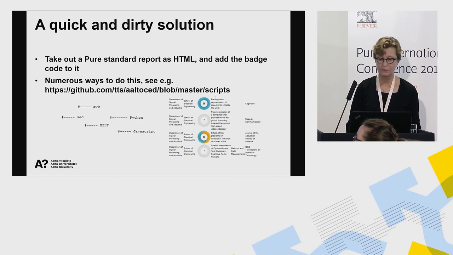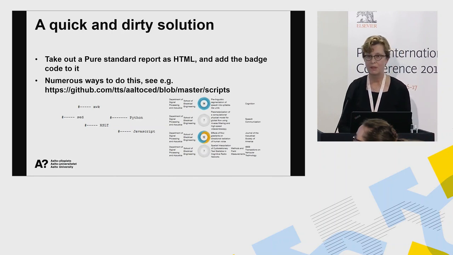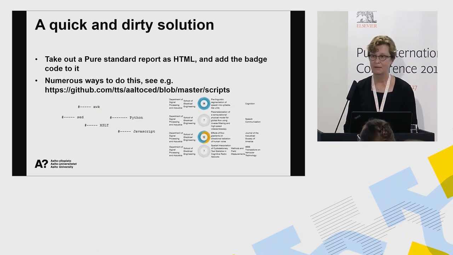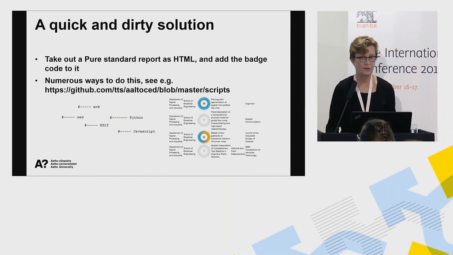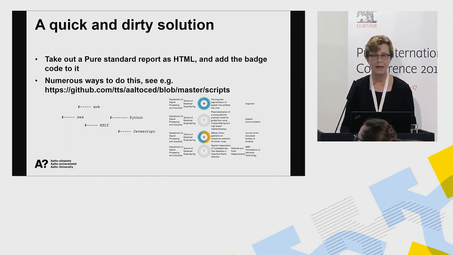To respond to these wishes, we have done some quick and dirty solutions, taking out a standard Pure report from research outputs as HTML, and mimicking the behavior on our portal. So we are embedding the same JavaScript on the HTML table that's on our portal. It's basically one DOI on every row of the table.